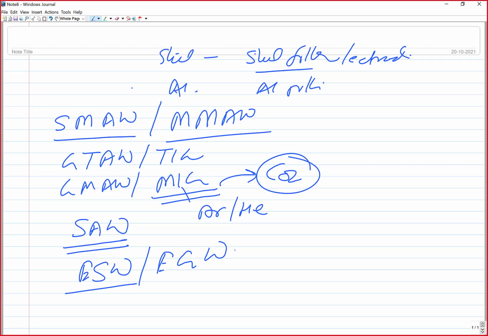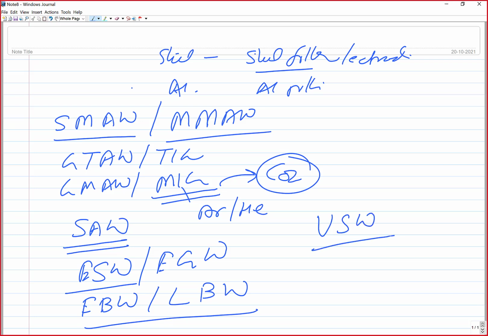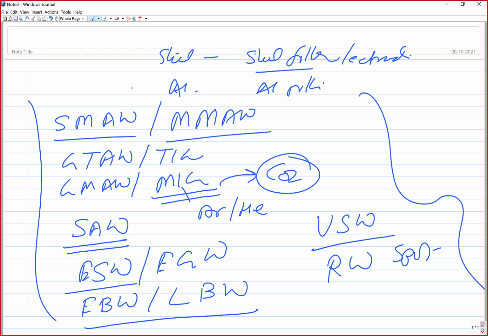Then we have electron beam welding, EBW, and laser beam welding, which are also similar because these are high energy density processes. And then there is ultrasonic welding among the solid state joining processes, and then resistance welding, especially spot welding. So we have a huge range of processes. Let us see how it can be covered. This has to be done really quite fast.